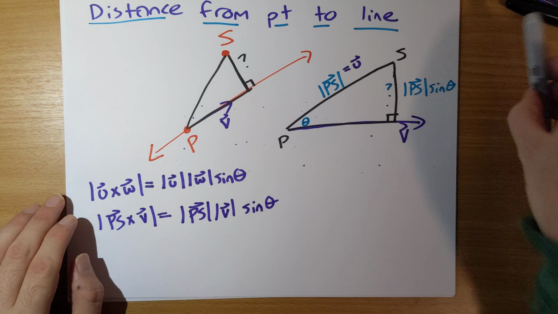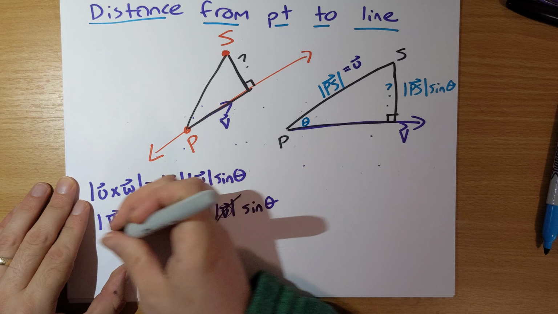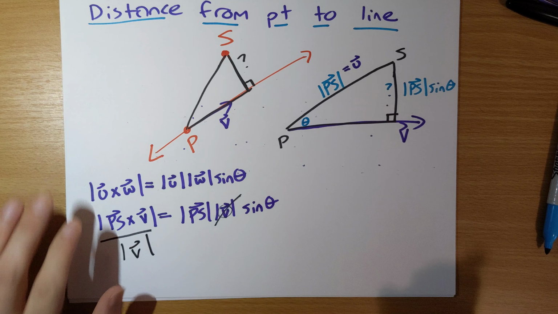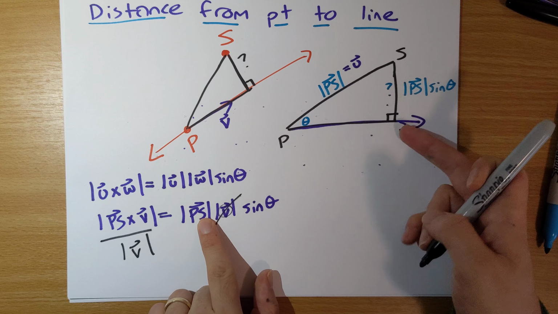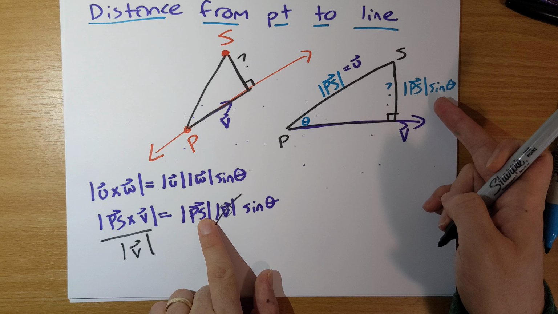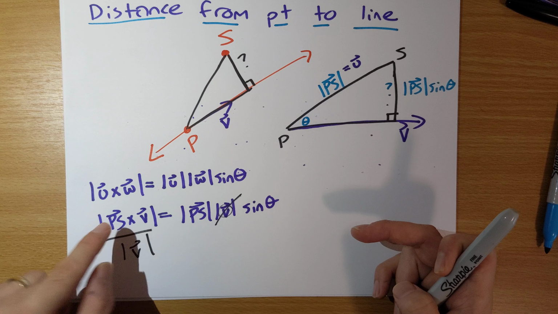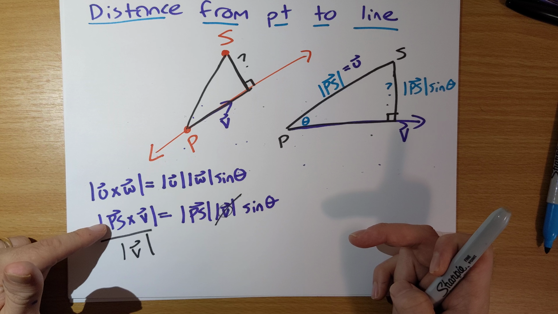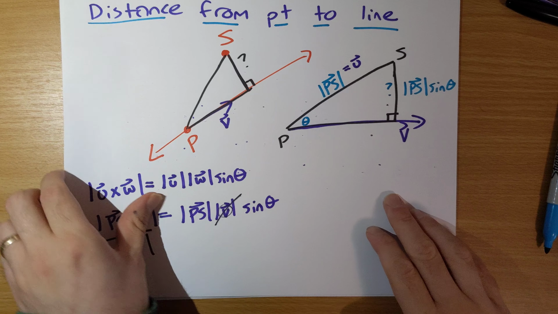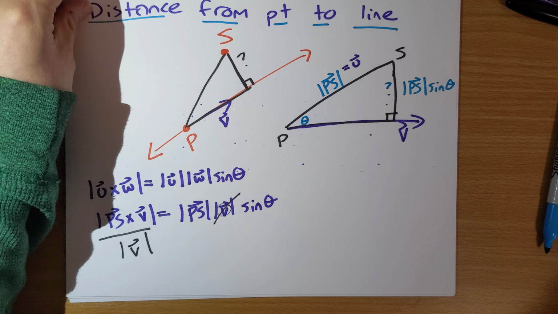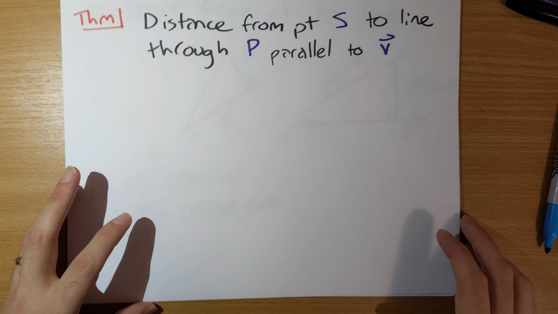If we divide both sides by the magnitude of v, we have the desired quantity here: the magnitude of PS times sine theta is going to equal the magnitude of the cross product, PS cross v, divided by the magnitude of v.